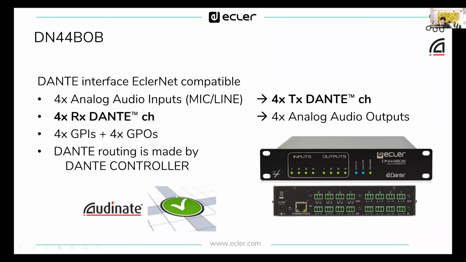So it's a software that controls not only Ecler Dante products, but also all other Dante products from more than 400 manufacturers. So it's a piece of software that you will find you need in other places, not only with Ecler.